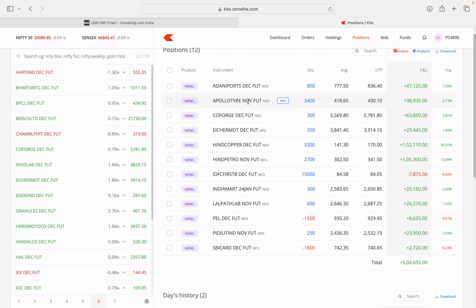We have long on Apollo Tyre for November series, long on Coforge for December, long Eicher Motors for December, long Hindustan Copper for December, long Hind Petro for November, long IDFC First for December, India Mart for January, Lal Path for November, and Pidilite long for November. PEL and SBI Cards are short for December series.